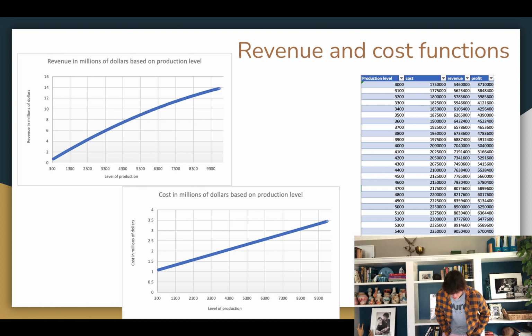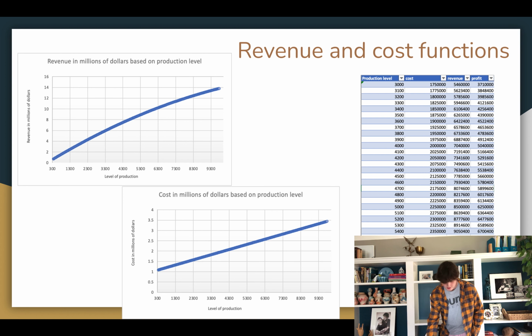They both appear to be going up, with a little bit of curvature. On the right, we have our table with all of the cost, revenue, and profit values based on the production level, which you can see in the far left column.